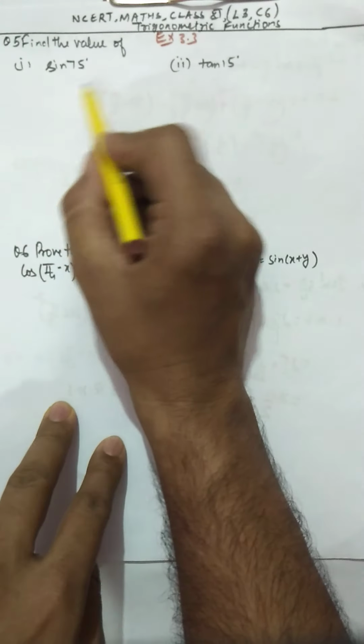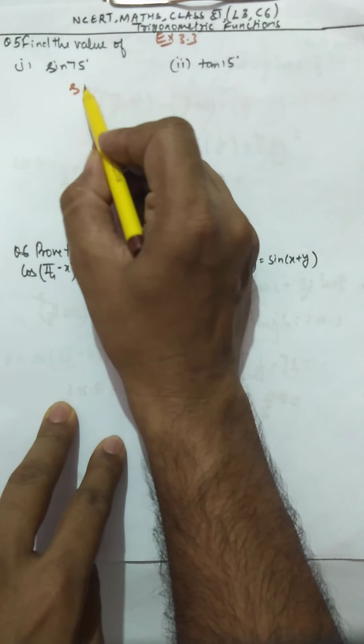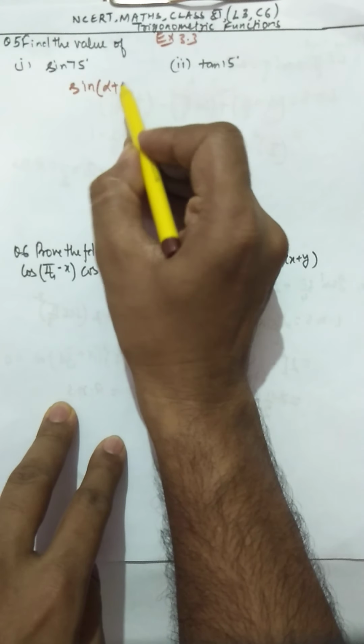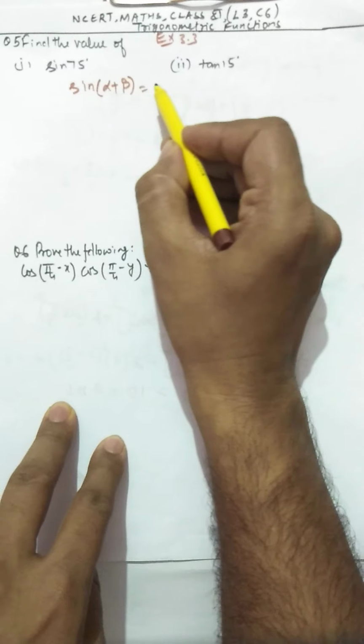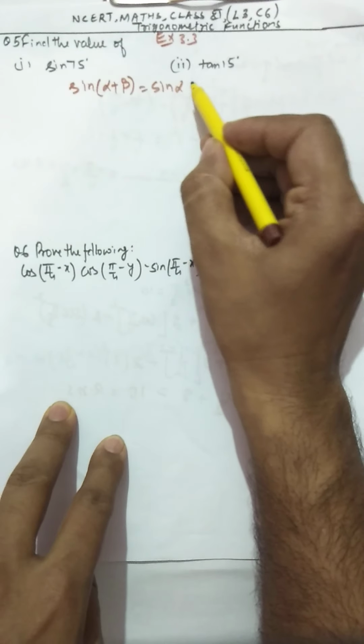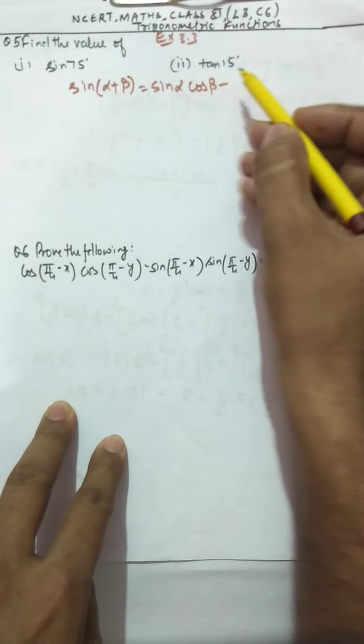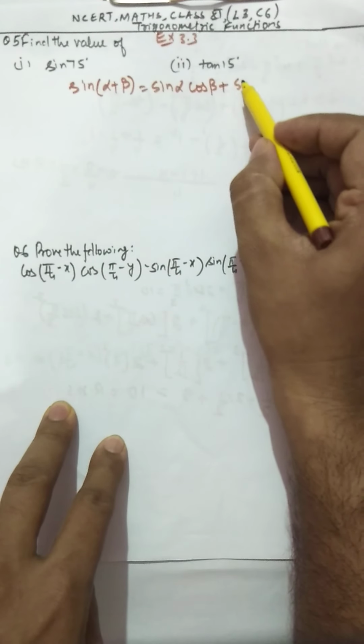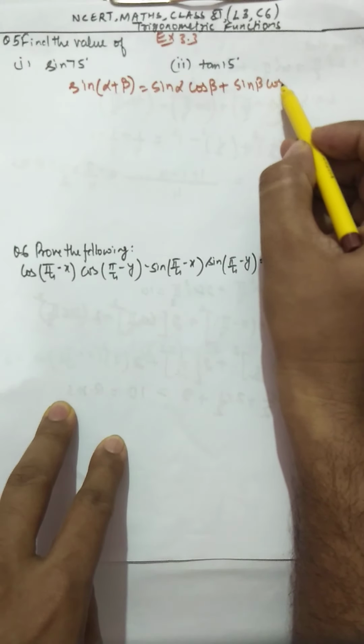Before I start this, I give you the formula that sine alpha plus beta is equal to sine alpha cos beta plus sine beta cos alpha. So this is the formula that we are going to use here.